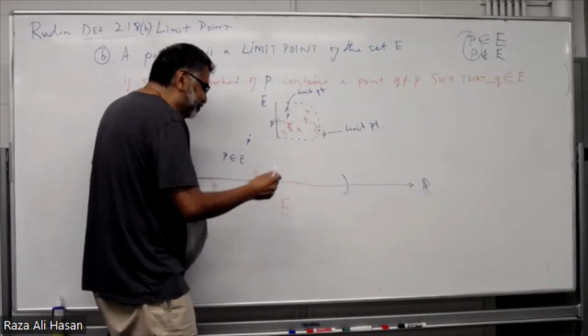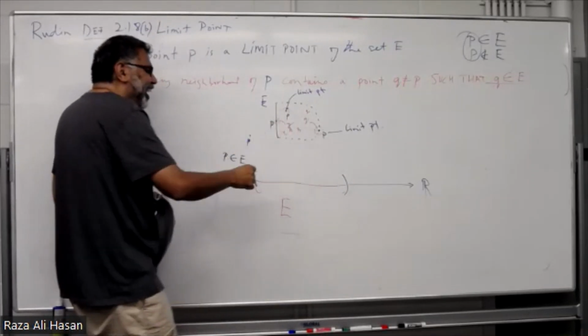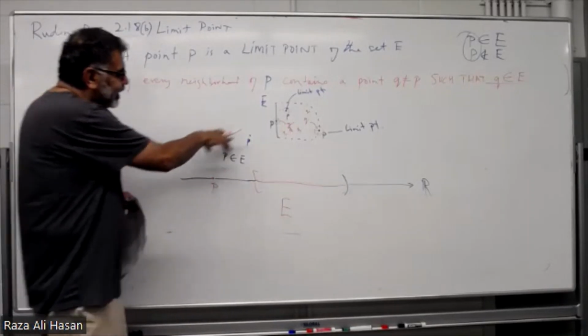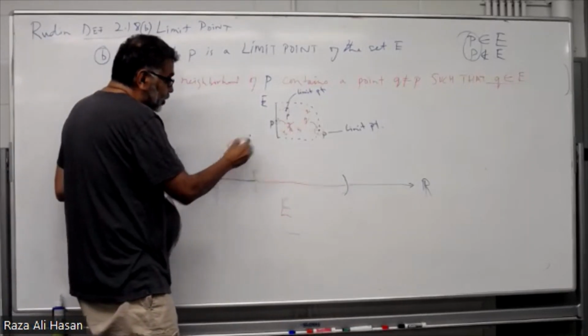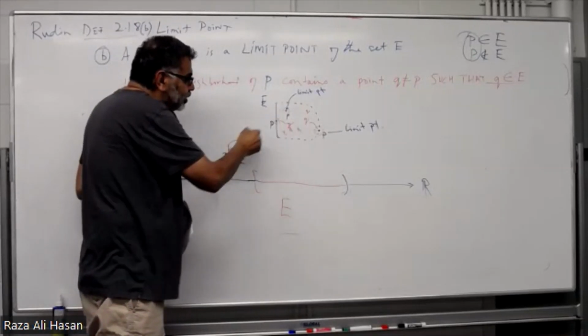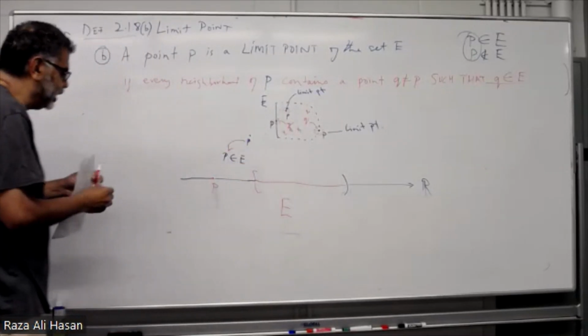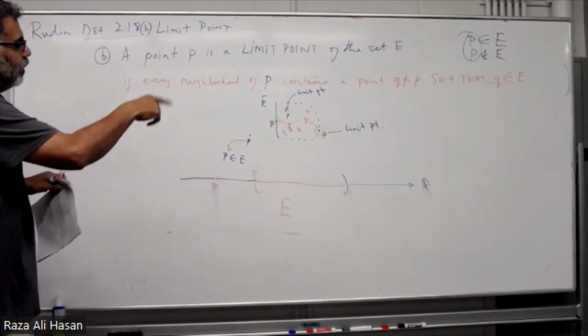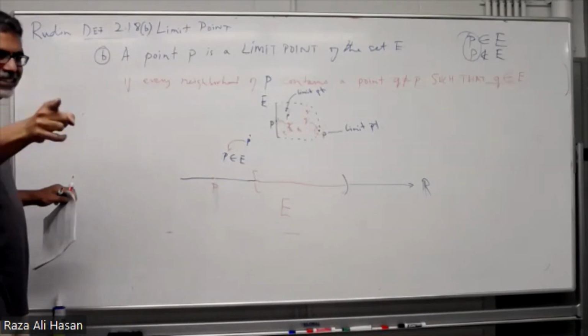So this P is an element of set E, but it's out here isolated. We're going to go to that definition next, isolated point.